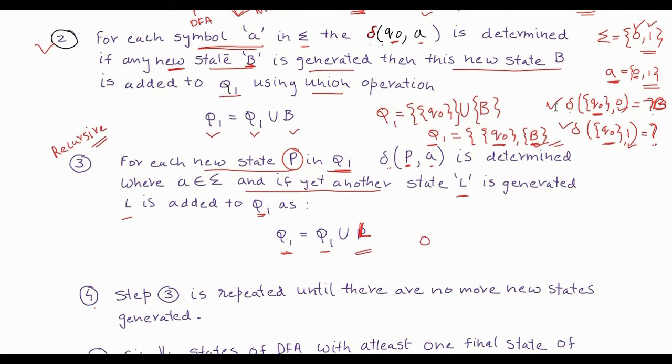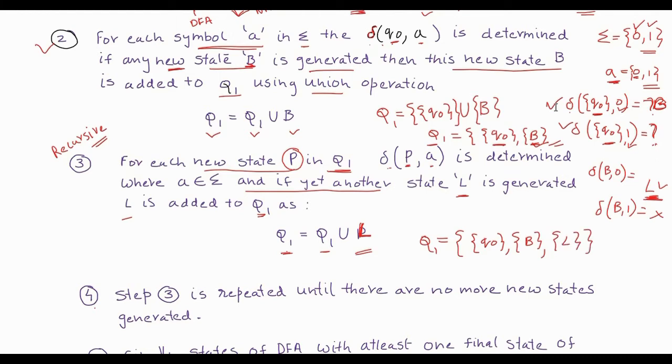Now with regard to our example, suppose L is a new state generated when we considered del of B on 0. Let us say L is generated, and for del of B comma 1, suppose no new state is generated. Since L is a new state, the new value of Q1 will be the old value of Q1. Q1 already contains Q naught as one state and B as another state, and now this newly generated state L will also be added to Q1.